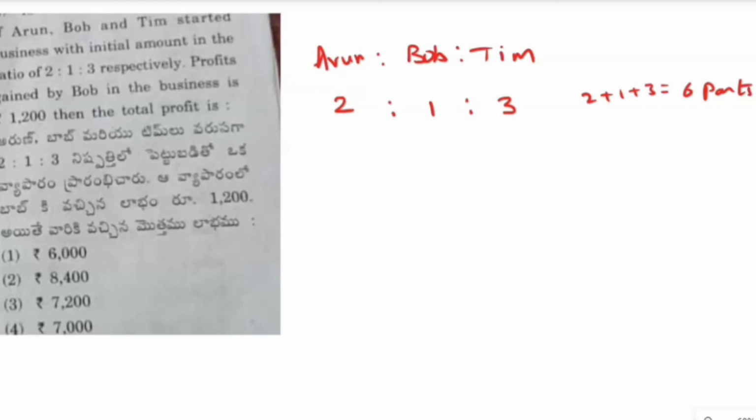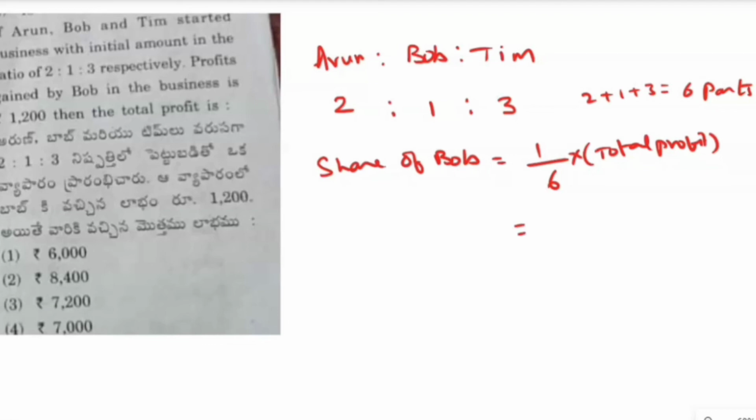Now Bob got 1200, which is the share of Bob. He invested only 1 part out of 6 parts, so he gets 1/6 of the total profit, which is 1200 rupees.